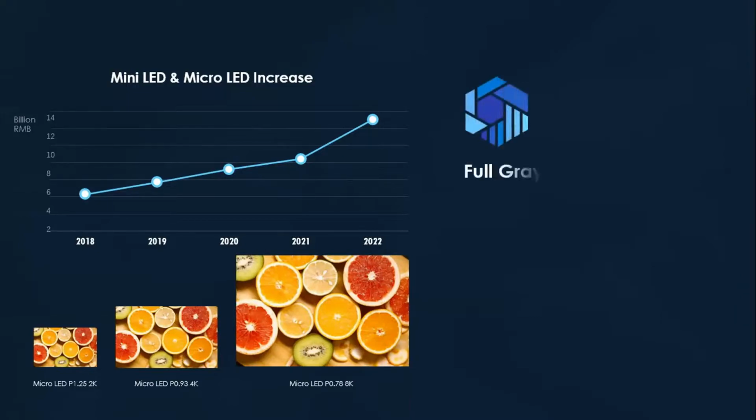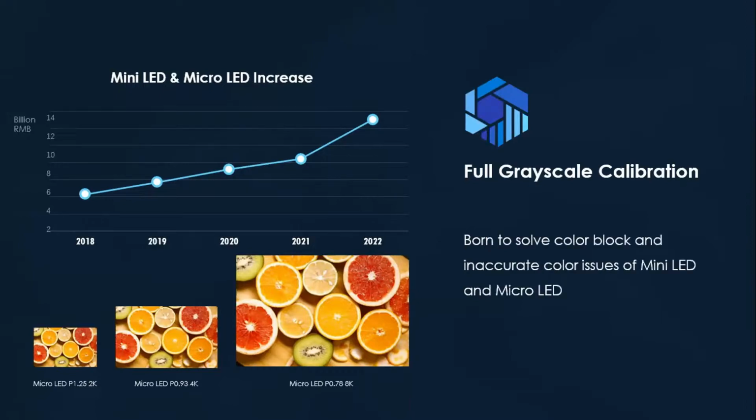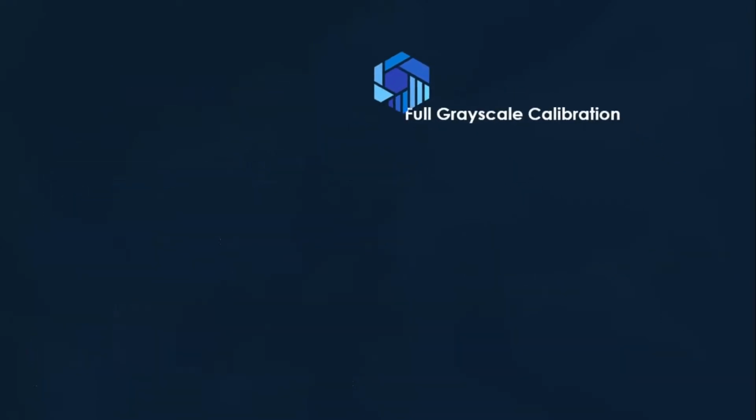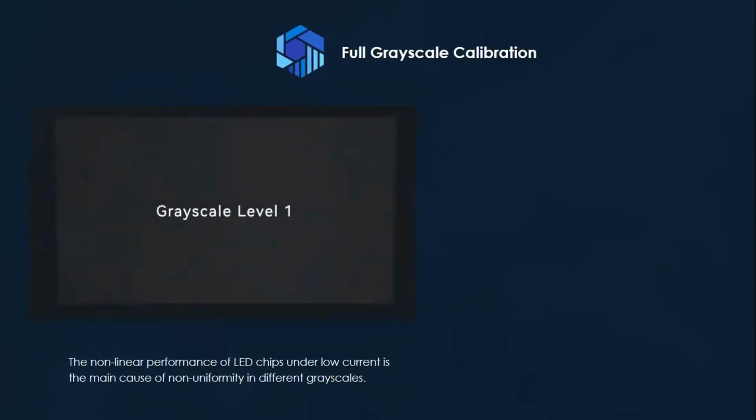But along with the popularization, some issues must be solved, for example, severe color blocks and inconsistent uniformity. Thus, the full grid-scale calibration was born to solve this problem. But what leads to these issues, as I mentioned?